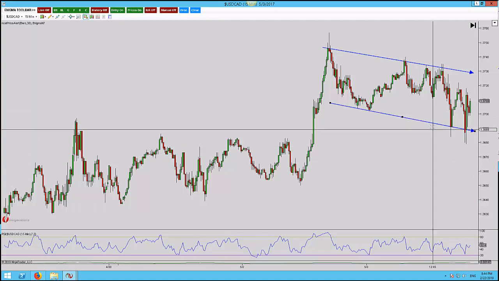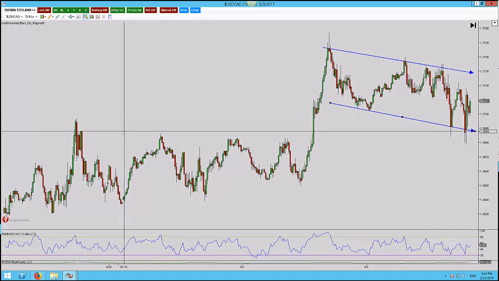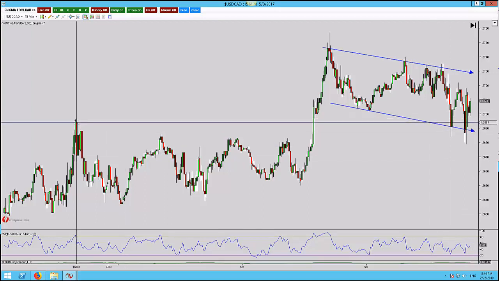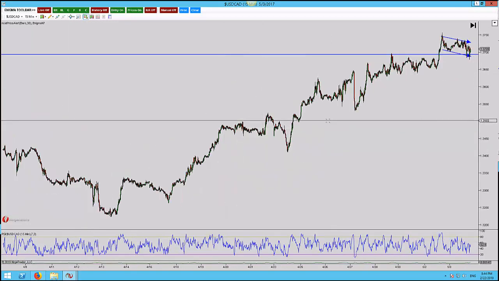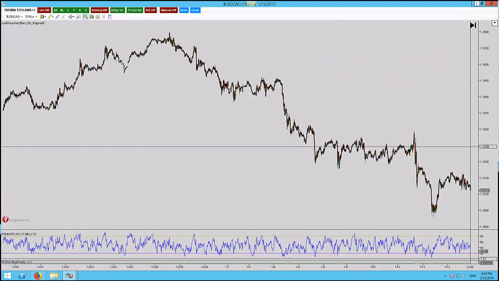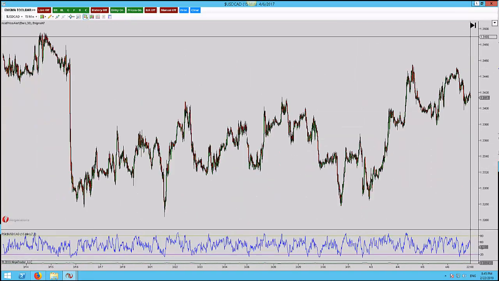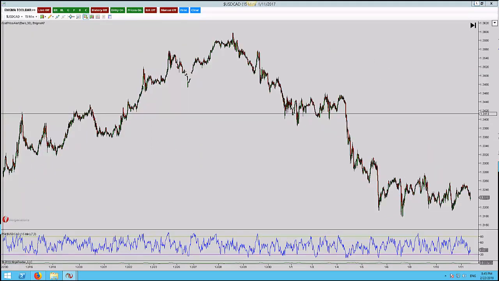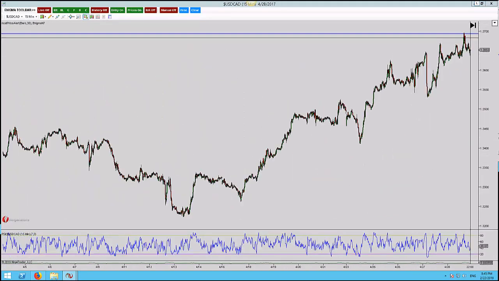So, coming to this structure level just here. Let's just check out the dailies. Do I have room to go higher? Yep.